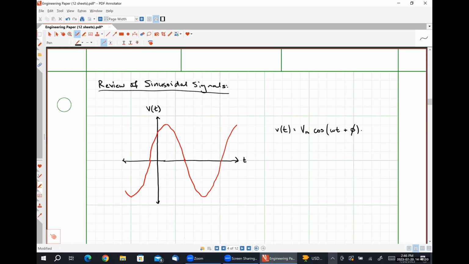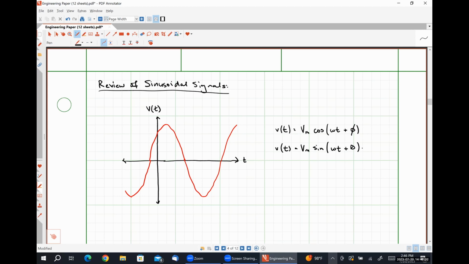or it could be a sinusoid or a sine function, Vm sine omega t plus some phase angle theta.